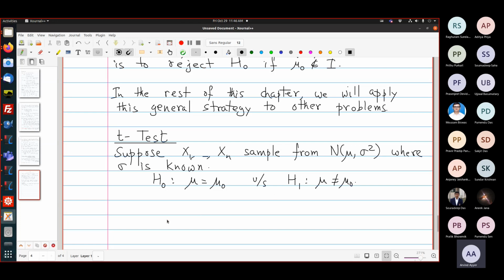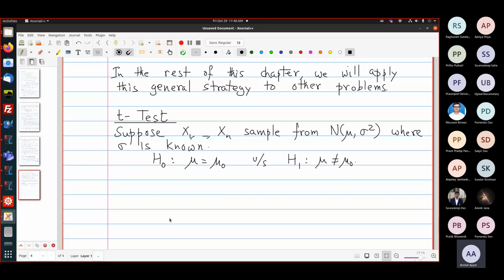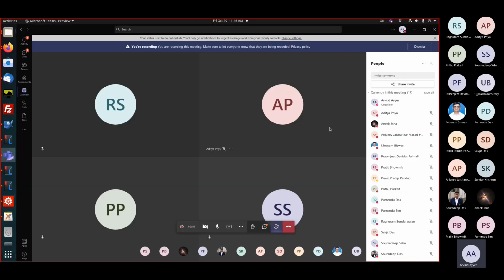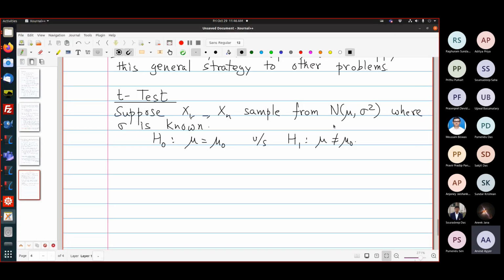Okay, and in this case, you remember we don't know the true variance. So we had instead used the sample variance.